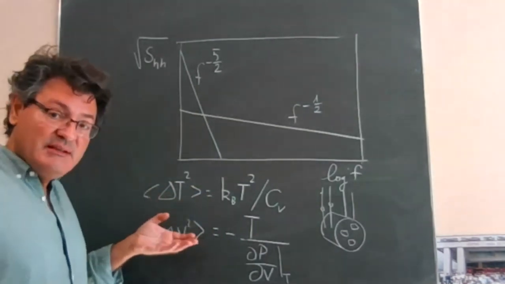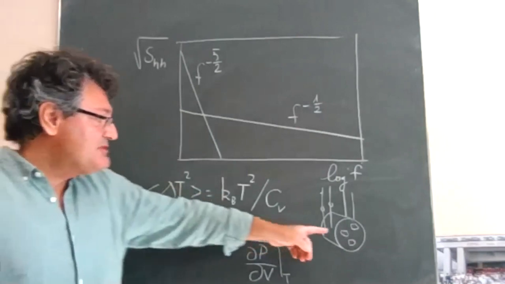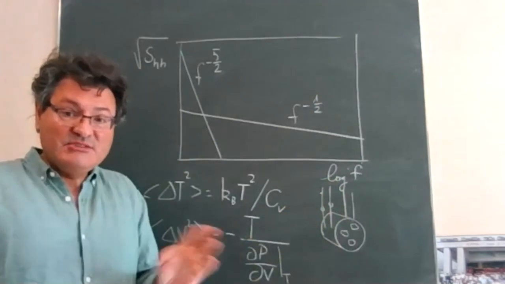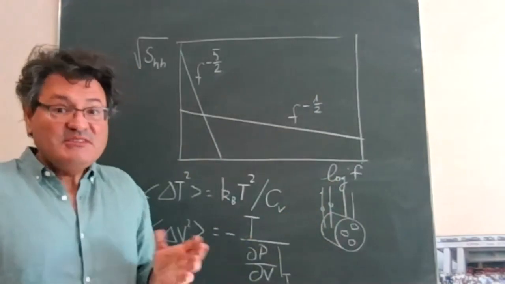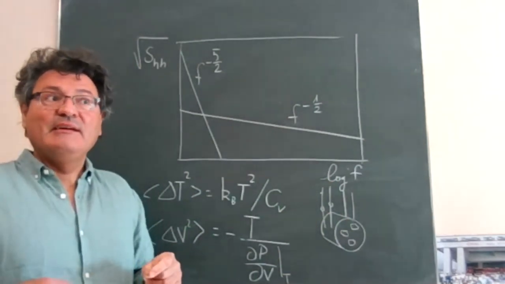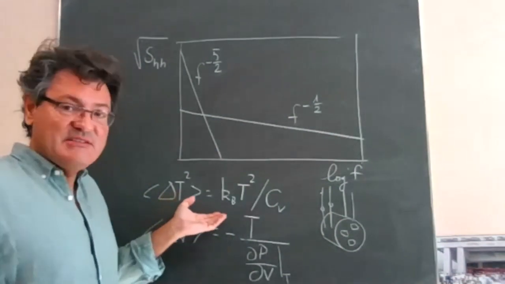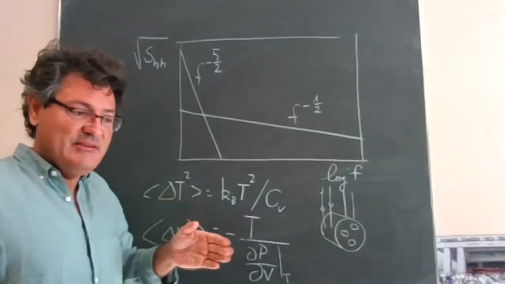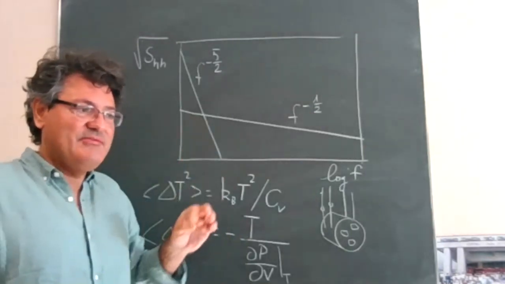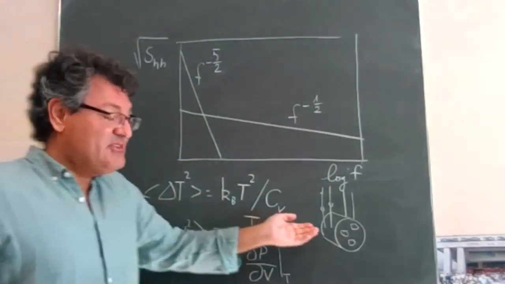On top of this, if we want to calculate the overall effect of thermal noise, we are forced to take our system and divide it into small elements, and these small elements need to be separated. What does separated mean? We discussed before that two regions have fluctuations of temperature that are not correlated.